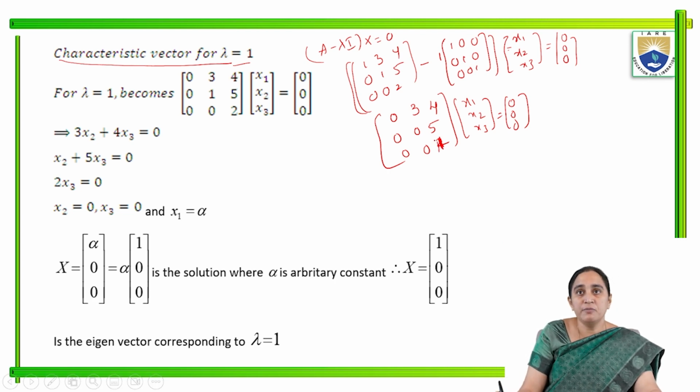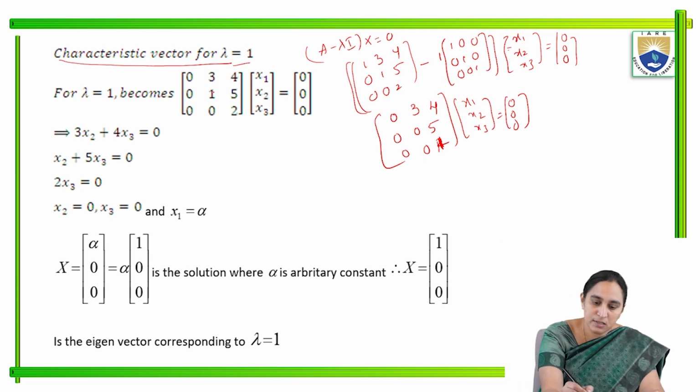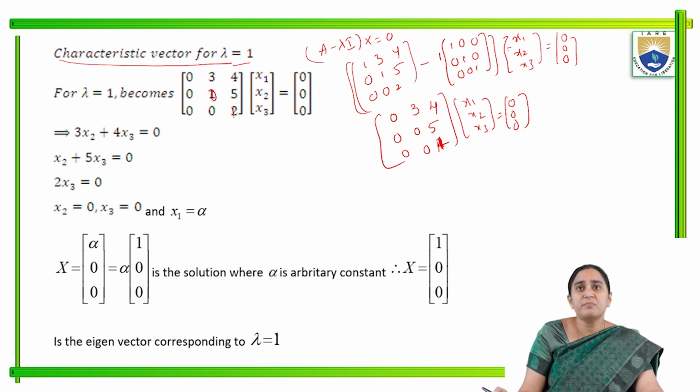After getting the formula A minus lambda I into x equals 0, we can reduce the matrix to echelon form to find the unknown values x1, x2, x3, or directly write it in equation form and solve.